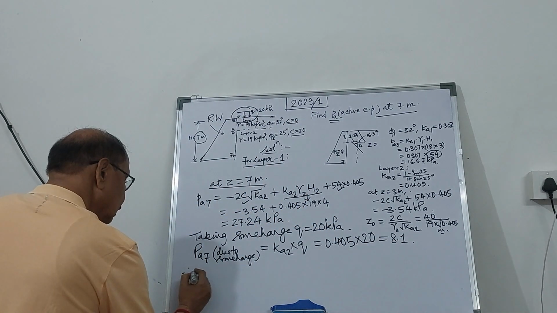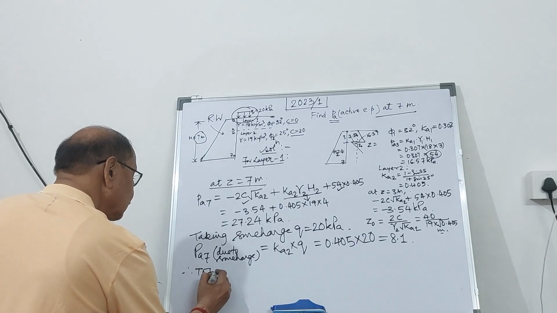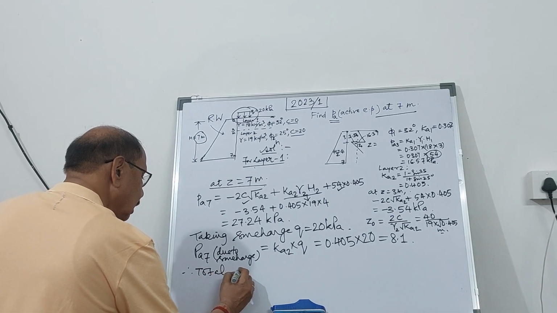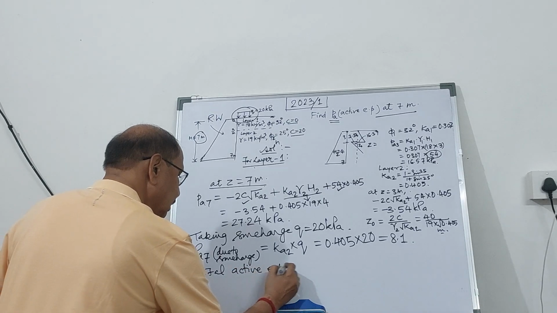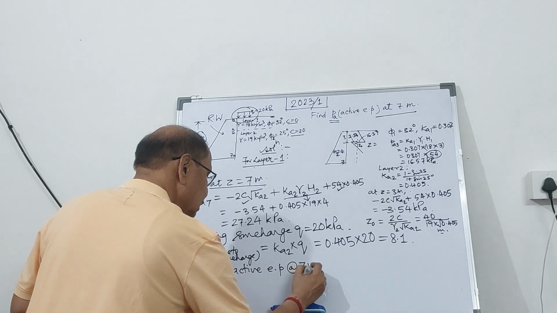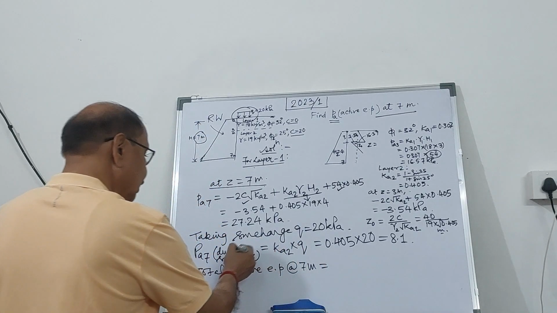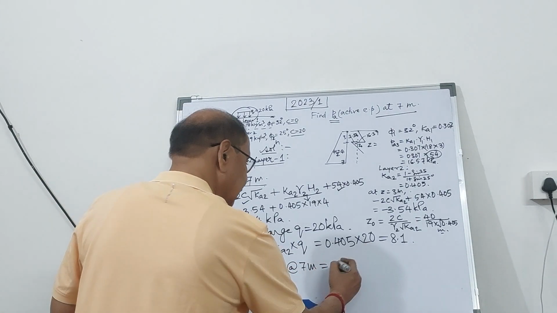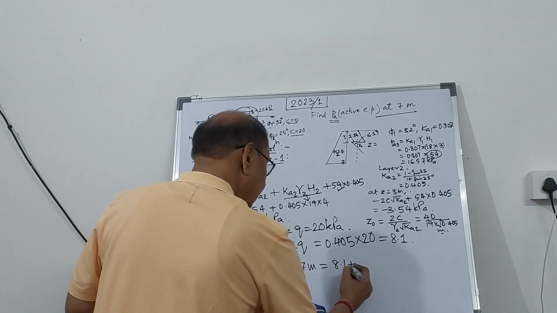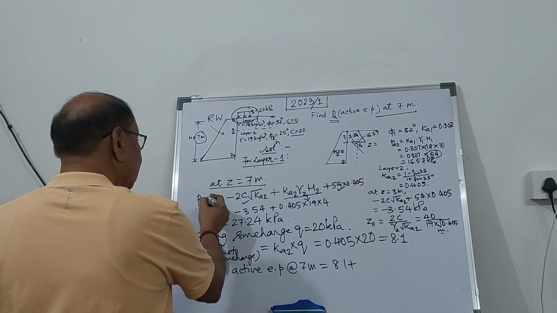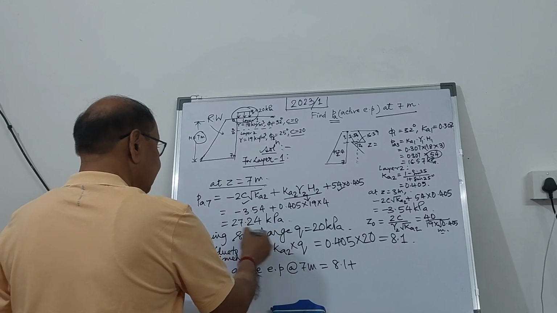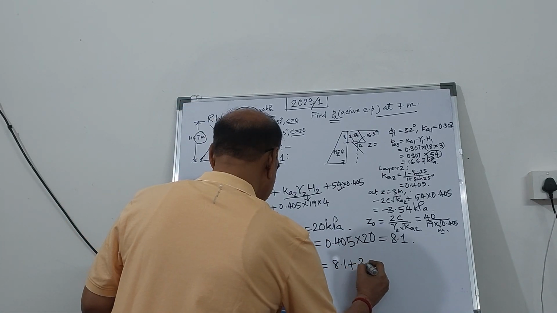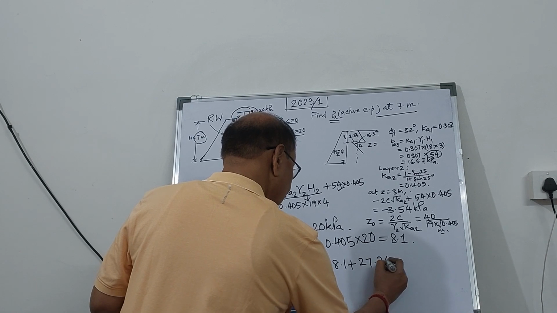Therefore, total active earth pressure at 7 meter will be due to surcharge, that is 8.1, plus due to overburden, and that value is 27.24.